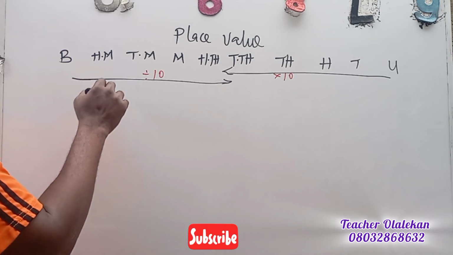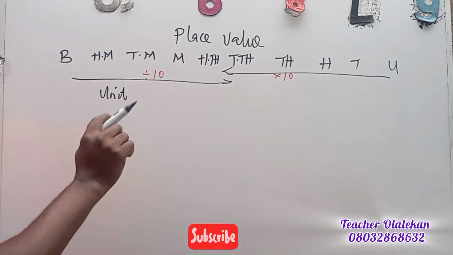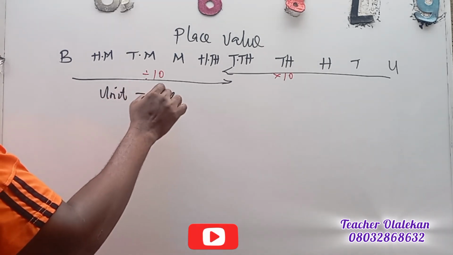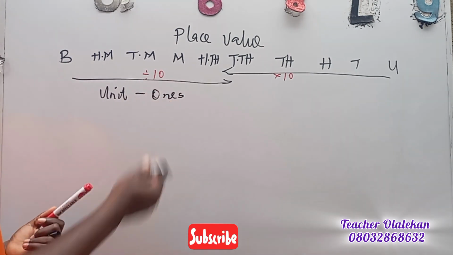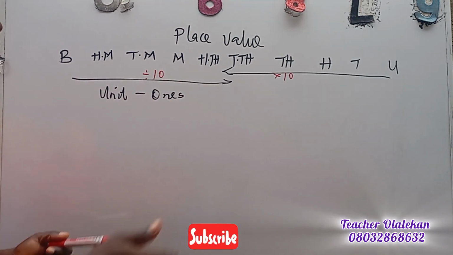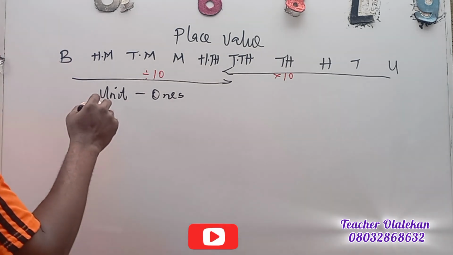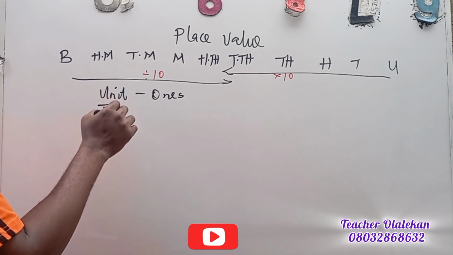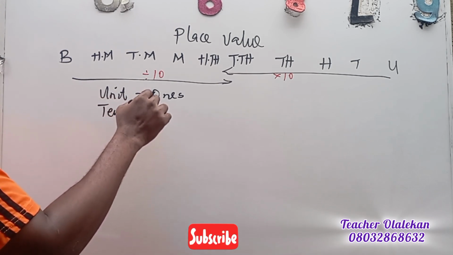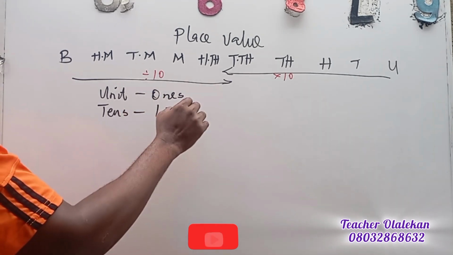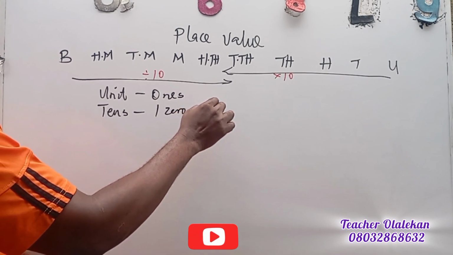So the units is just one. Unit is expected to have no zeros. Unit is just one, so is the ones. That can be 1, 2, 3, to 9. It can even be 0. But when it comes to tens, tens has 1 0, and 2 digits.